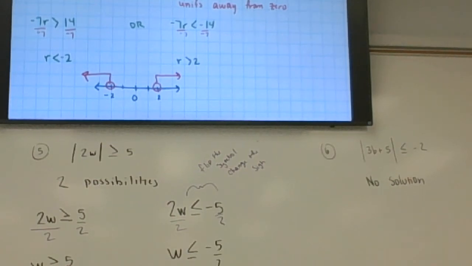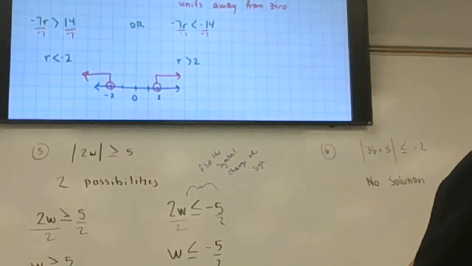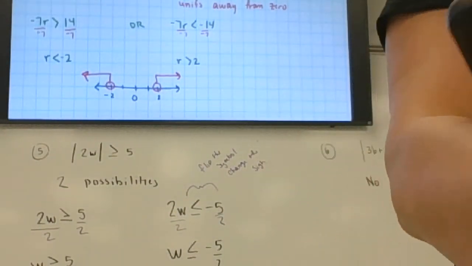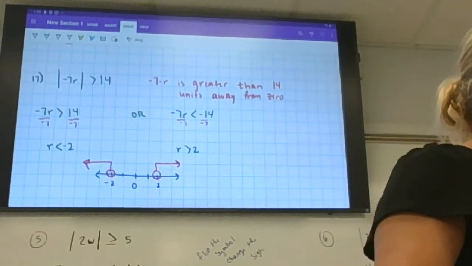Yeah, it's going to be less than or equal to negative 6. Wait, I did it right this whole way. Okay, there's only one two-operation type problem.